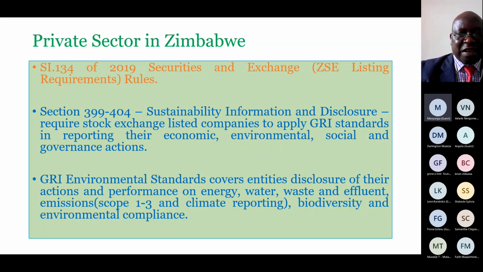Within those standards, similar to the public entities, the GRI environmental standard covers disclosure on energy, water, waste, effluent, emissions, and also climate action, which is covered under climate reporting, and also business impacts on biodiversity and environmental compliance.